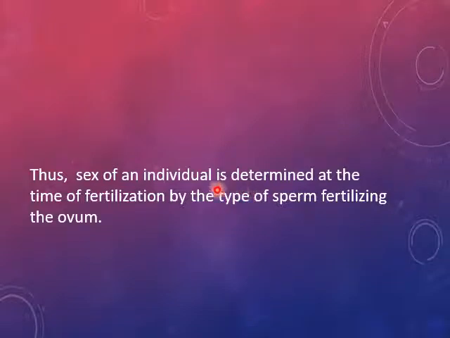Thus, the sex of an individual is determined at the time of fertilization by the type of sperm fertilizing the ovum. That means if an X sperm fertilizes the ovum, the resultant zygote is a female child. And if Y fertilizes the ovum, then the resultant child is a male child.